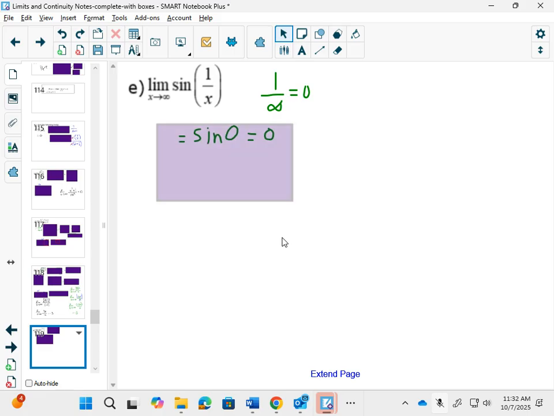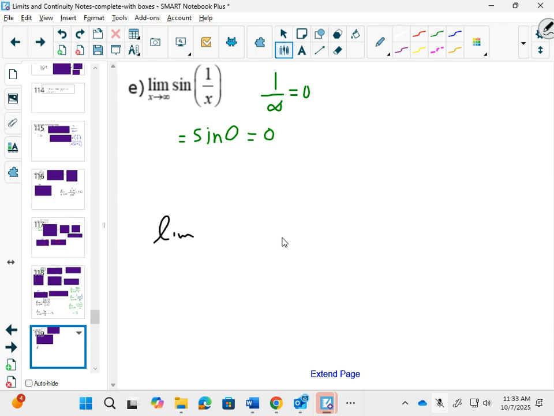And so sine of 0 gets really, really close to 0. You remember this? What's that equal to? 1.